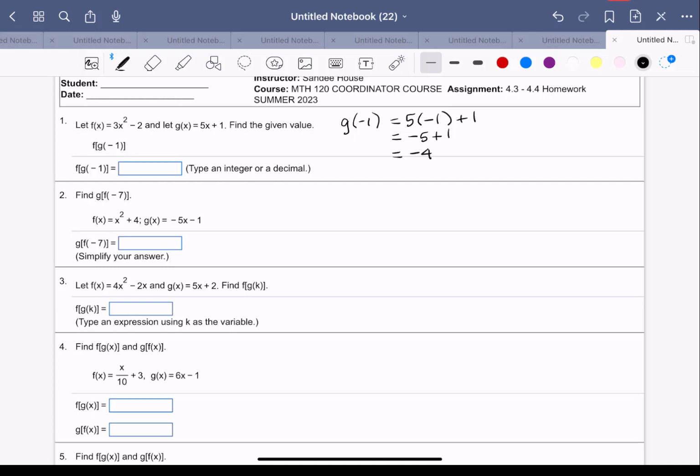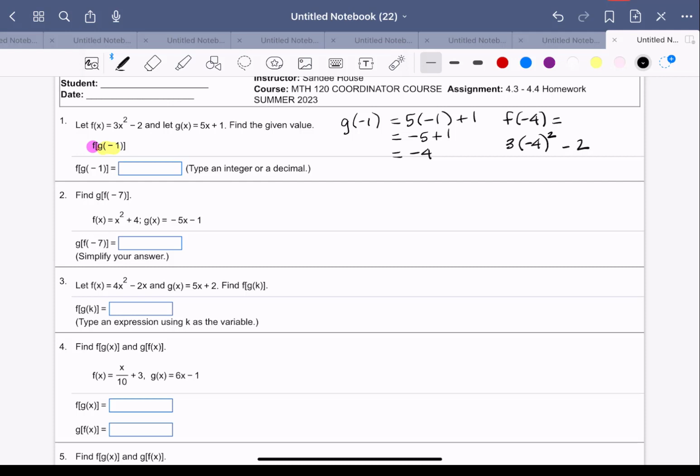And now we need to do f of negative 4, because it tells us to put g of negative 1 into f. So f of negative 4 would be 3 times negative 4 squared minus 2.